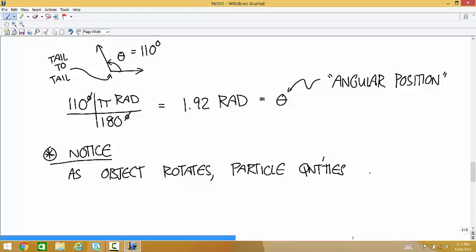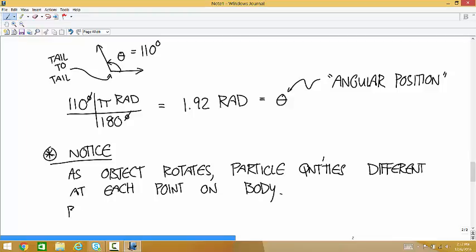The particle quantities are different at each point on the body. But the rotational quantities represent the entire body.